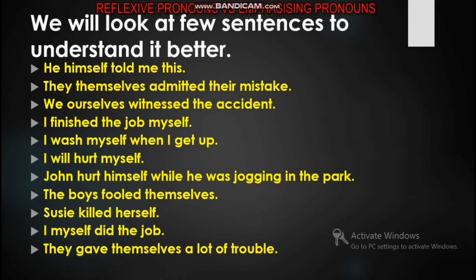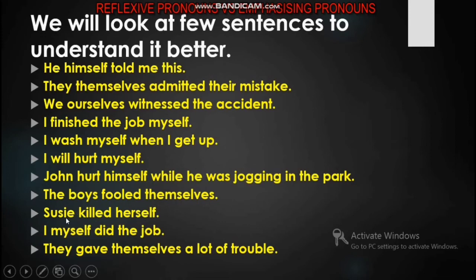The boys fooled themselves. Here again the action is fooled. The boys is a subject, and themselves and boys, the subject and the object, are the same. So the action is reflected back onto the subject, and here themselves is used as a reflexive pronoun. Susie killed herself.